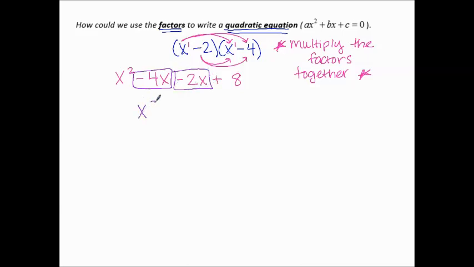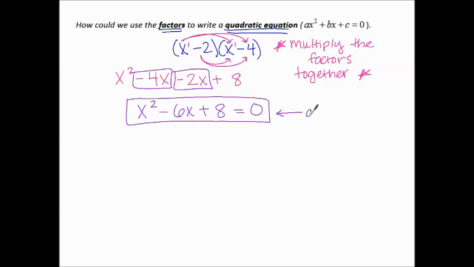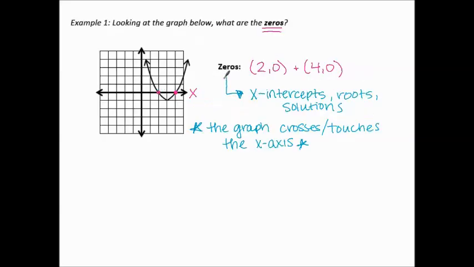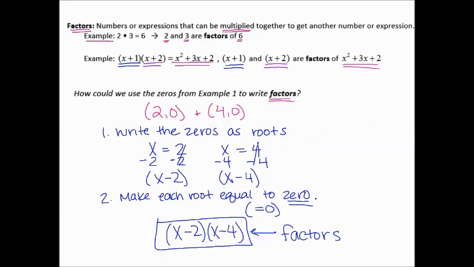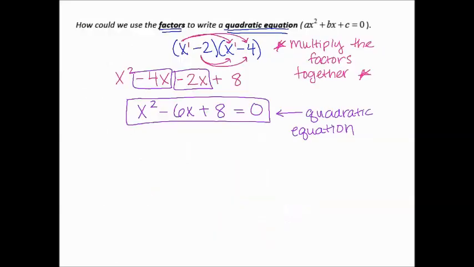And I get x squared minus 6x plus 8 equals 0. This is my quadratic equation. Okay, so I started at my zeros from the graph. I got my zeros. I then found my factors, and then I got to my quadratic equation.